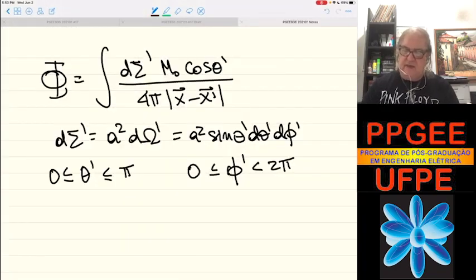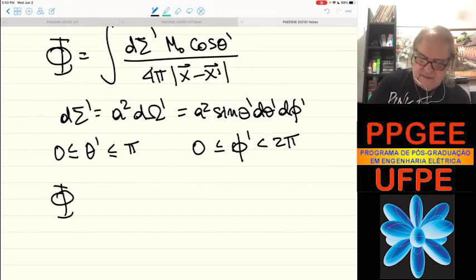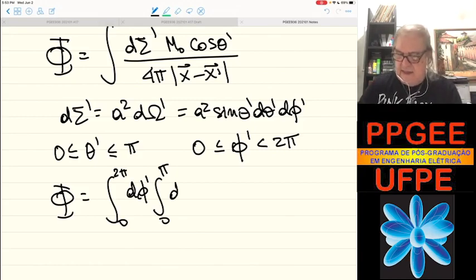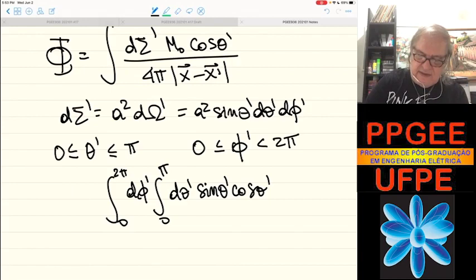Okay, so I'm going to show you an alternative way of doing it. So the integration we have is this one: d phi prime, d theta prime sine theta prime cosine theta prime, with m0 a squared divided by 4 pi outside.